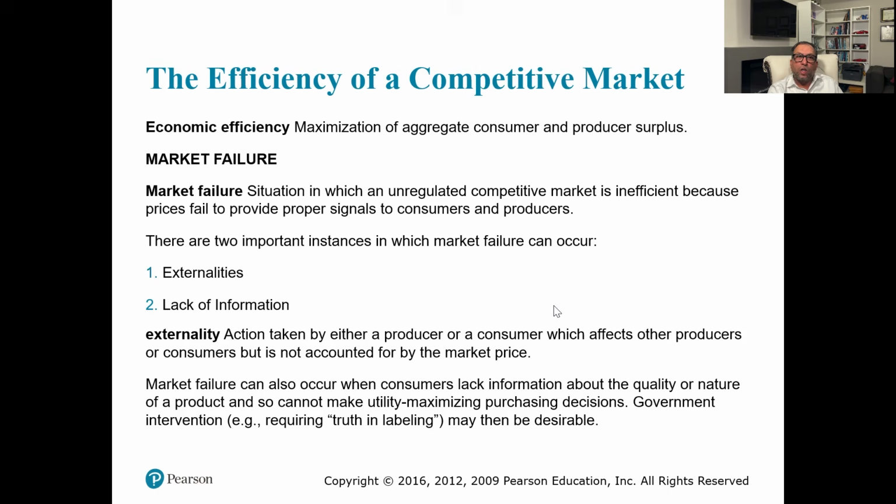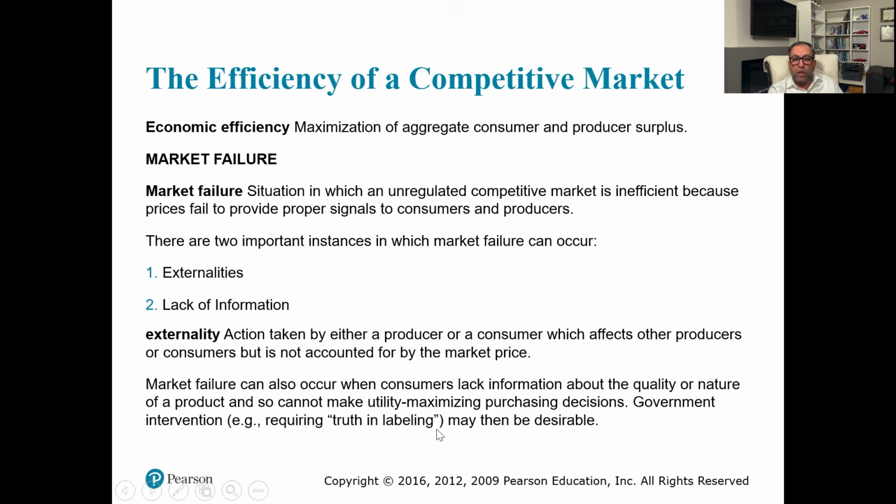The reason behind their loss is lack of information, incomplete information, or poor information. So consumers cannot make a utility-maximizing purchasing decision. Government intervention, like we discussed, price setting, price floor, price ceiling, can also create a problem.